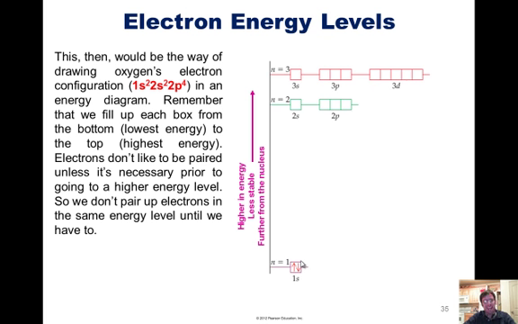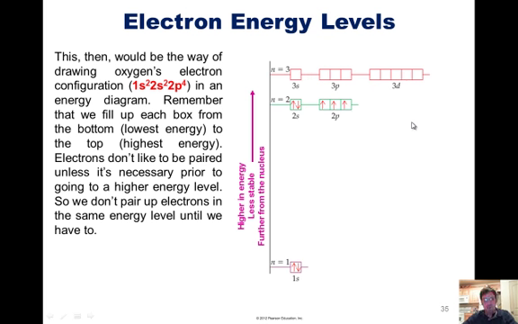Now oxygen's next electrons are in its 2s orbital. It's going to have one as a plus 1/2 spin and one as a minus 1/2 spin. Now it has 4 electrons in its 2p orbital, and they're going to first occupy the 2p orbital completely unpaired. So 1, 2, 3. Now the 4th electron has a choice. It could either go in the 3s orbital up here, or it could pair up and stay in the 2p.